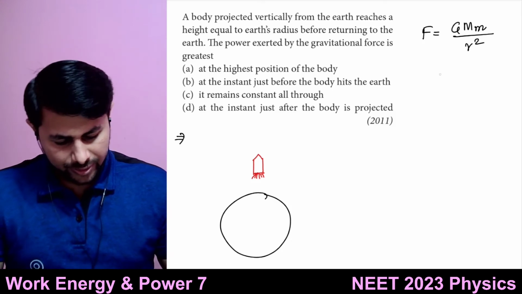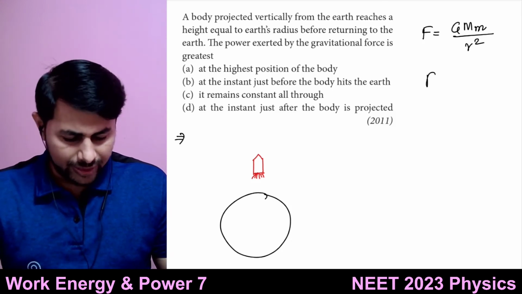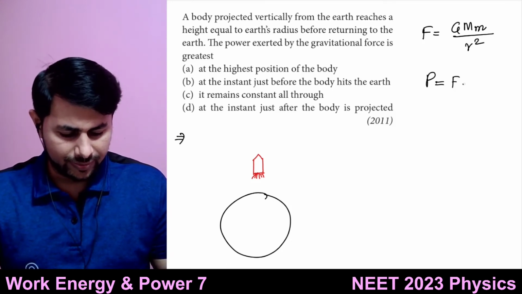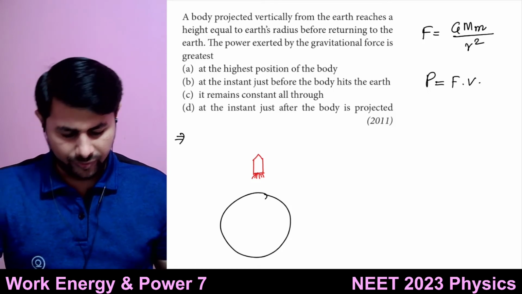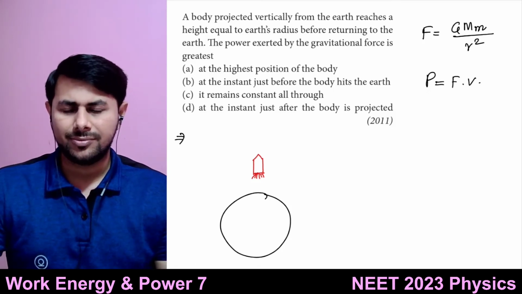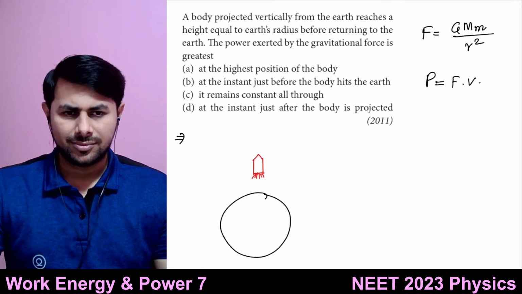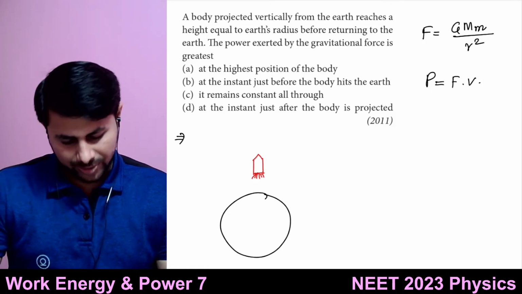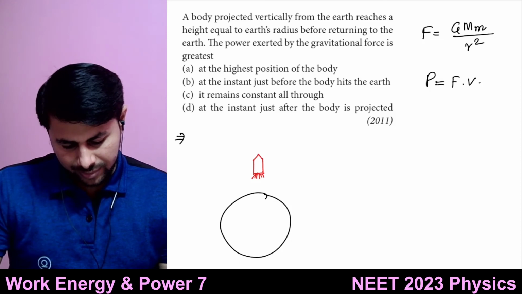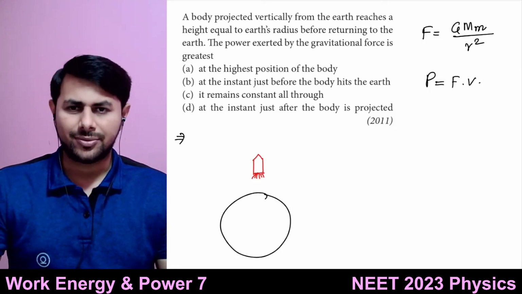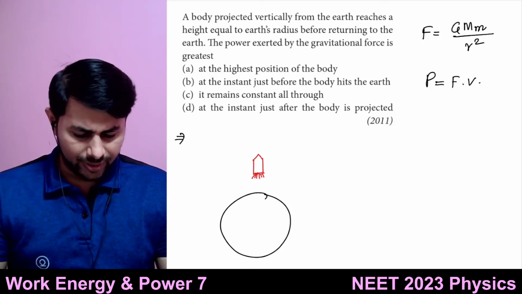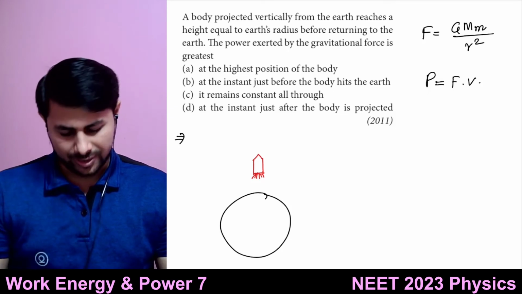Okay. So the power is force multiplied by velocity. When will it be maximum? You're saying option C? No, it doesn't remain constant all through. When it is on the earth's surface.